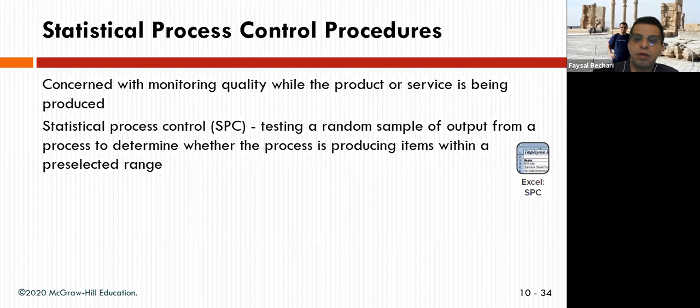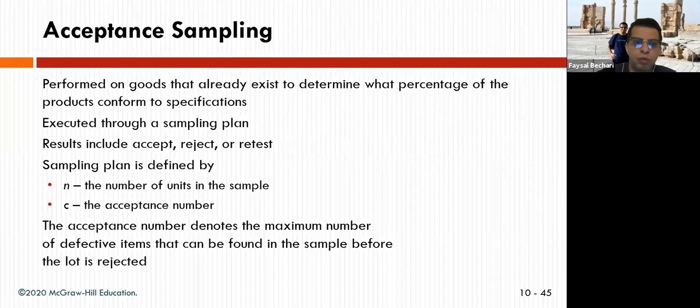You can pick any 10 of them randomly and test them, at each stage, and check whether they are according to the standard, because you cannot test all 10,000. And from this you can derive the statistical process control. It's like when you do marketing research, you don't research the whole market, you take a sample of it. I think some of you who took marketing research understand what it's all about.